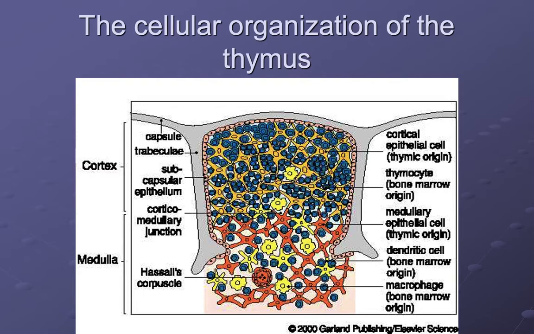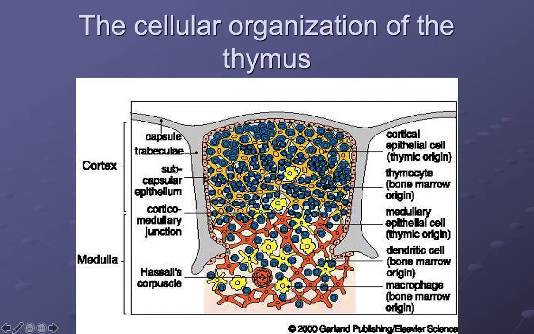It's divided into morphologically distinct parts or regions, the cortex and the medulla, as you can appreciate here. Between the cortex and the medulla, there is a highly vascularized area known as the corticomedullary junction or the corticomedullary zone.